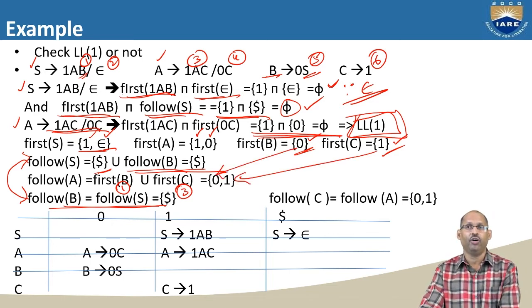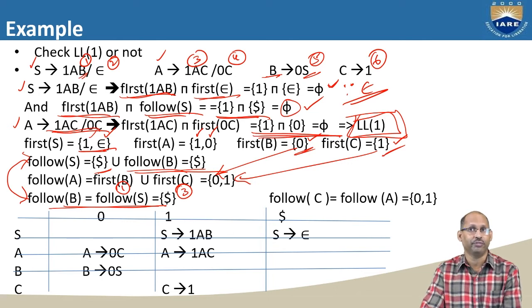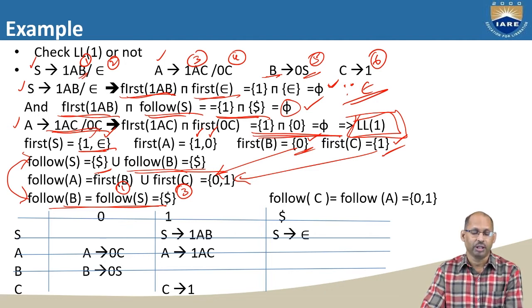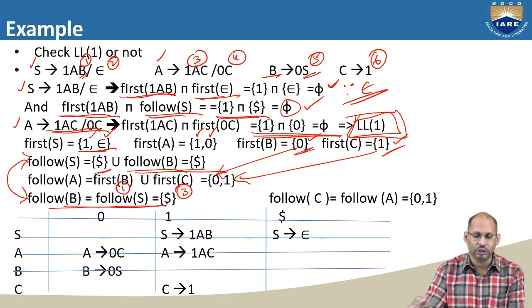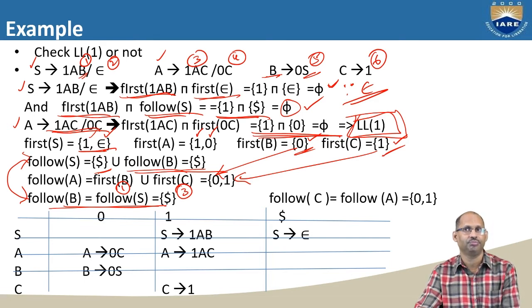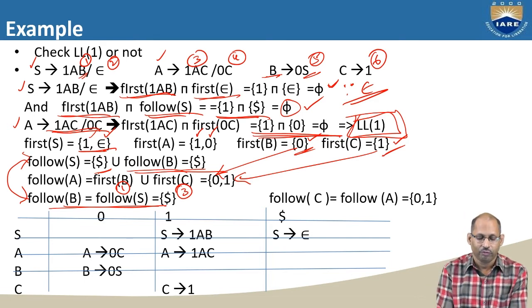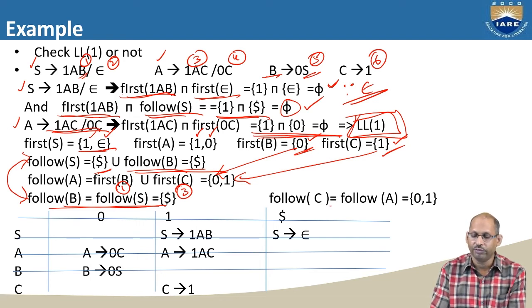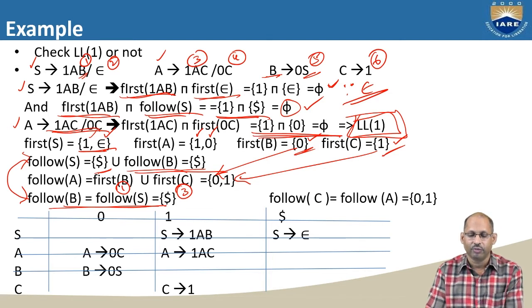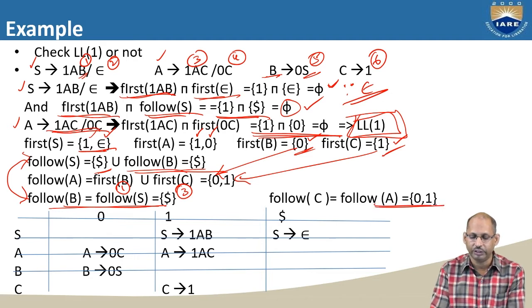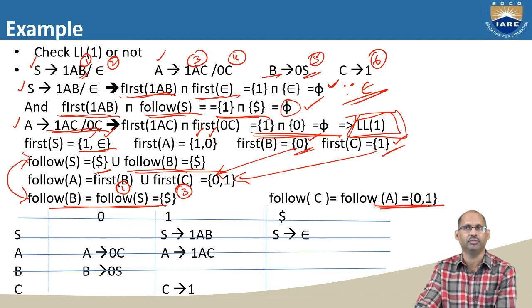So follow of A is first of B from the first production, union with first of C from the third production, which is 0 comma 1. Then finally follow of C. Follow of C is present in the third and fourth productions, which results in the follow of A, which is simply 0, 1.